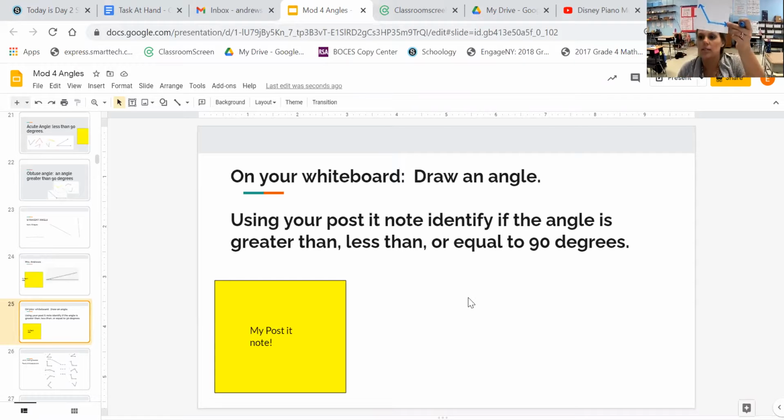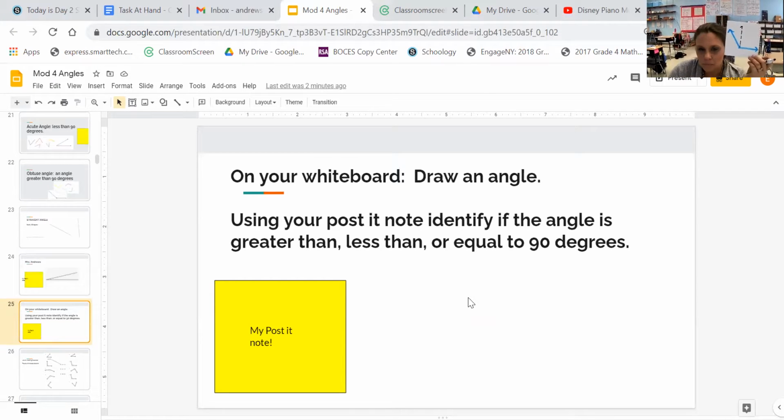Here's my angle. Now using my Post-it note, I don't have a Post-it note, so I'm going to use just a piece of paper. I'm going to line it up and I'm going to draw where the 90-degree angle would be. Where would the vertex, I make my 90-degree angle. Notice that I do my 90-degree angle with like a dotted line so it shows.